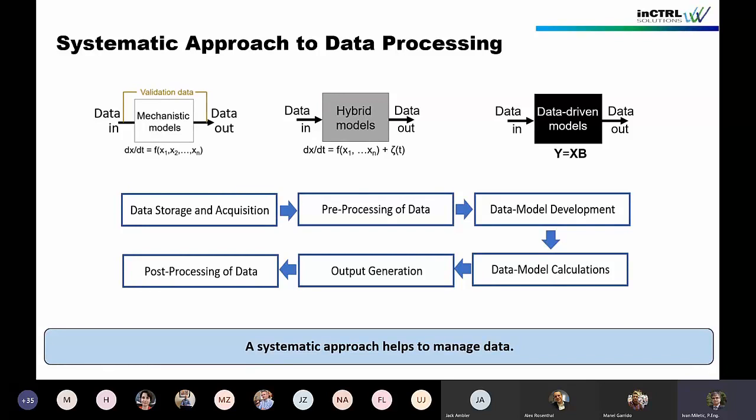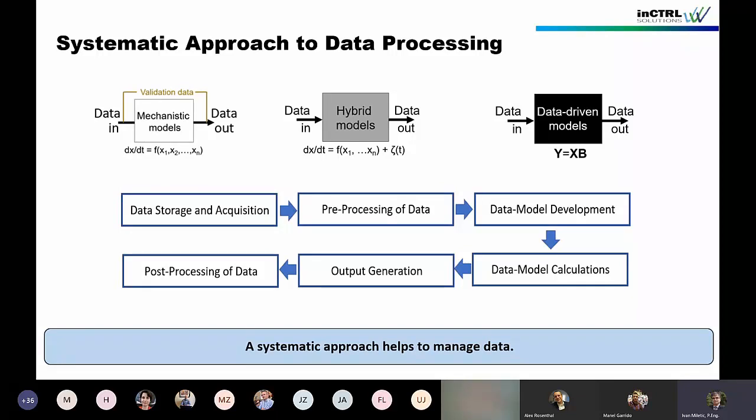And for me, this applies to any kind of modeling that I've ever been involved in, whether it's mechanistic models, state space models, state estimators, various hybrid models, data-driven models. It doesn't matter, from at least my experience, these general steps applied to data processing and data management always seem to apply.